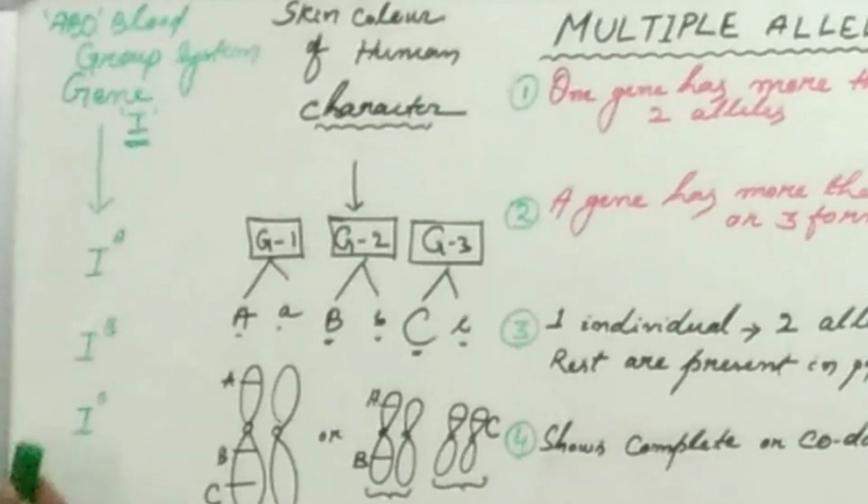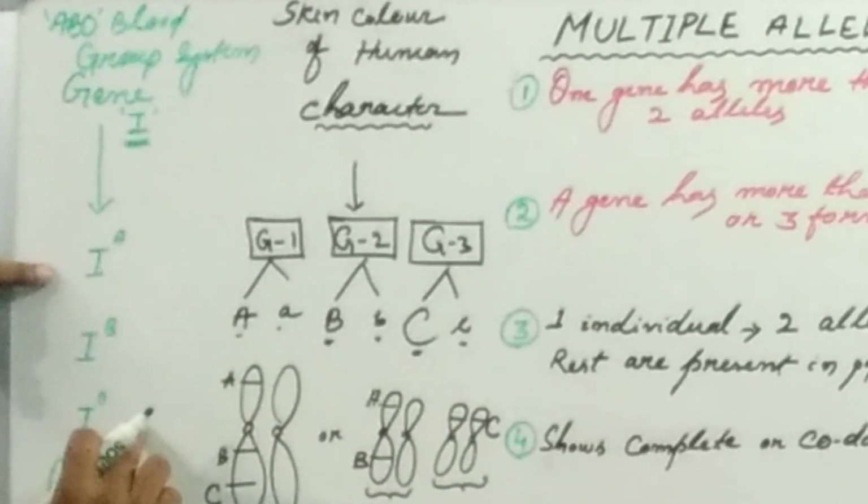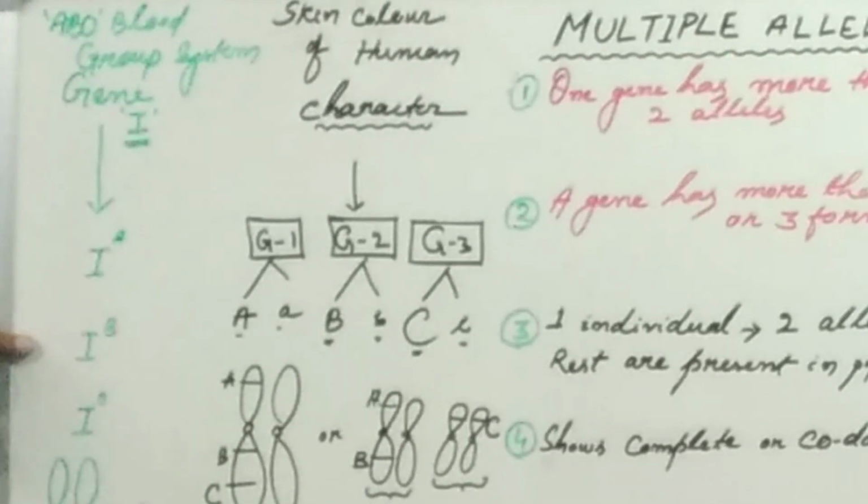But in the case of the ABO blood group system, in multiple alleles, suppose this is the chromosomal pair. There are three genes here, meaning three allelic forms. Out of these three allelic forms, only two may be present in one individual. One individual has, suppose, IA and IB, so the blood group will be AB.